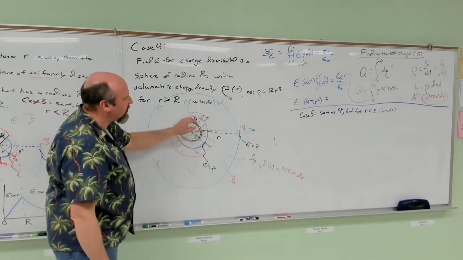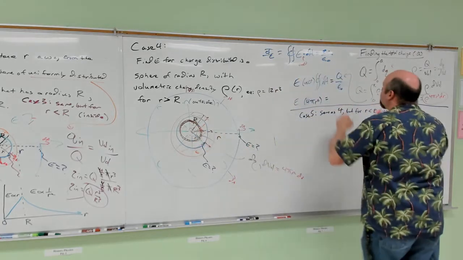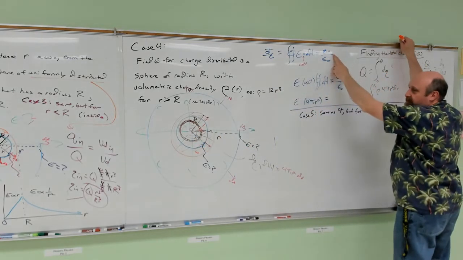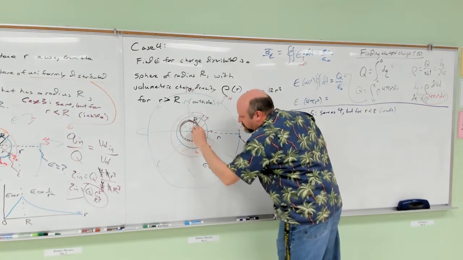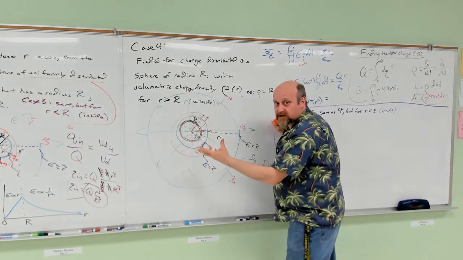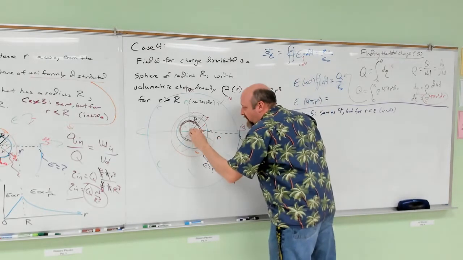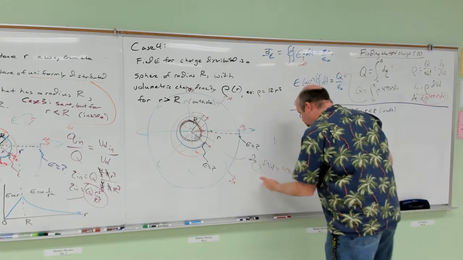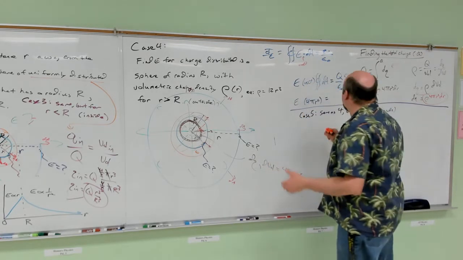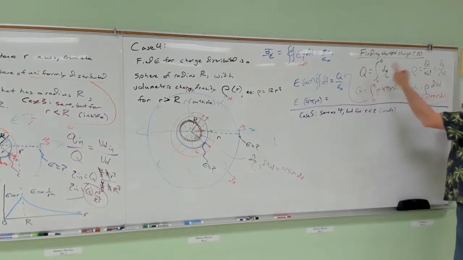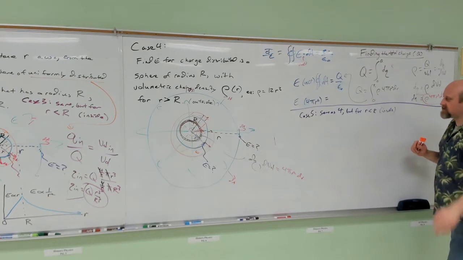So I'm going to find the charge inside my Gaussian surface. How are we going to do it? We're going to split the charge inside my bubble into a bunch of concentric spherical shells, just like we did before to find the total charge. Everything's the same. Each shell's still going to be the little dq with a d volume, 4 pi r squared dr. We'll add them all up. Everything's the same, except, what's the difference?